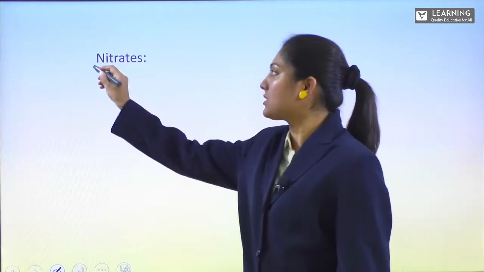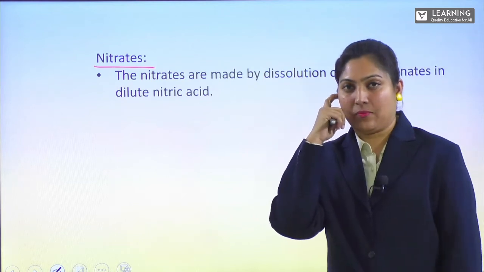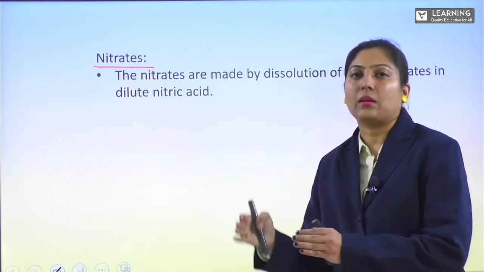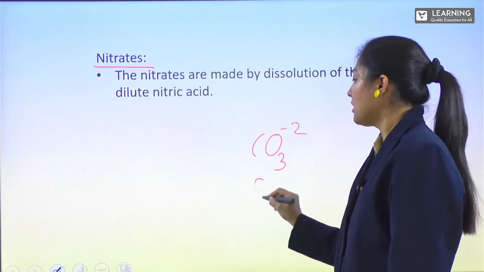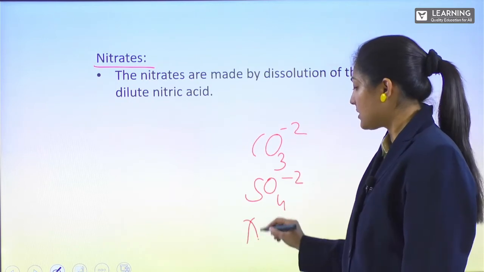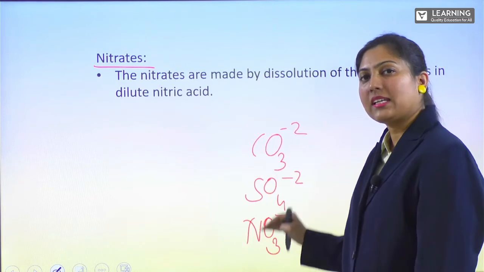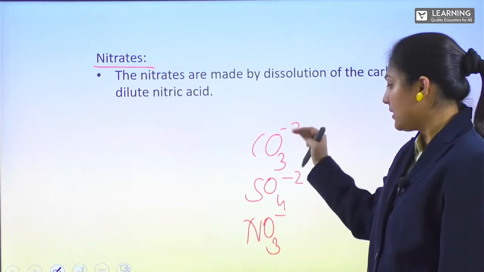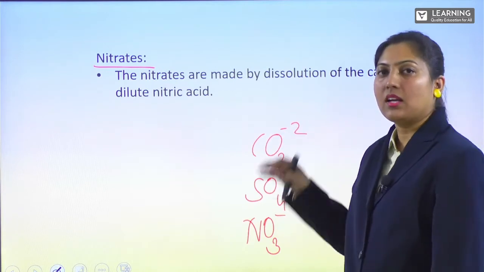Next we have the nitrates. What are nitrates? As we know, the carbonates have CO3 2-, sulfates SO4 2-, and nitrates are NO3 -. These are salts of oxoacids: nitric acid, sulfuric acid, carbonic acid.